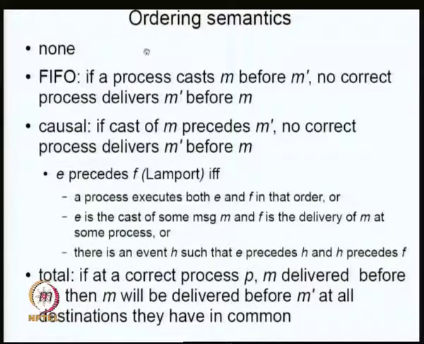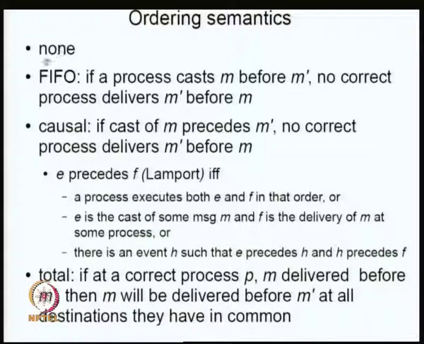So basically there are issues regarding how to order failure events with respect to messages and across messages themselves. There are two aspects. We covered the first part of it in the virtual synchrony model. Now we will take a look at the ordering of messages amongst themselves when they are going to be delivered.